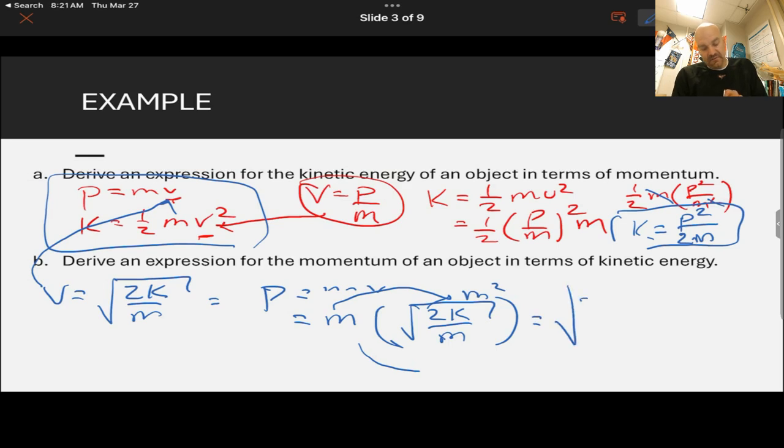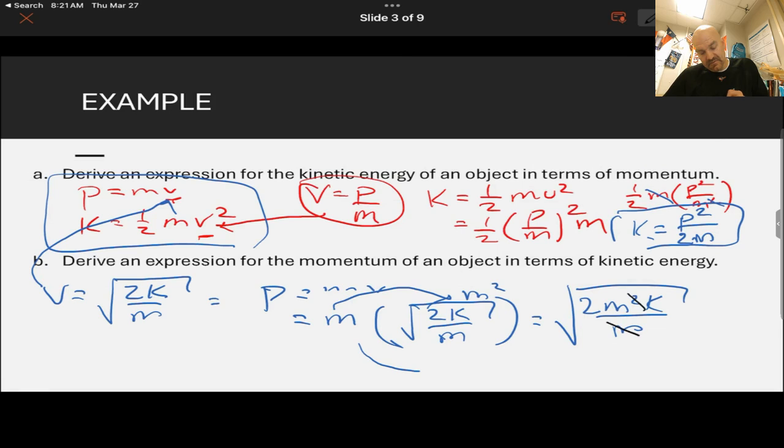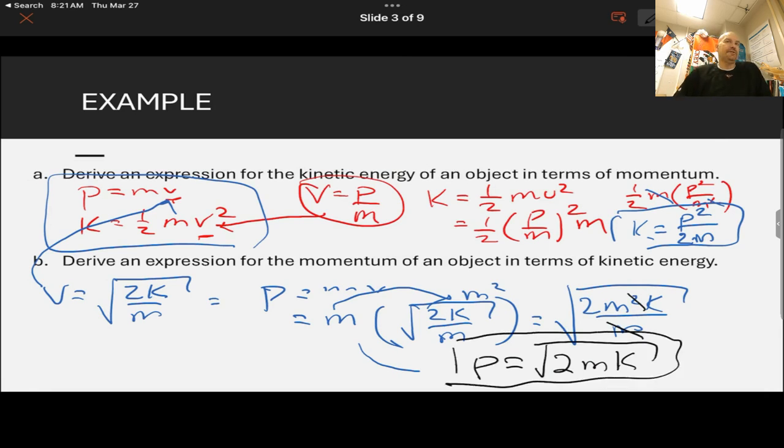So we have the square root of 2m squared K over m. Why can we do that? Because the square root of m squared is just m. One of those m's cancels the m on the bottom, and you end up with the square root of 2mK. So there is momentum in terms of kinetic energy.